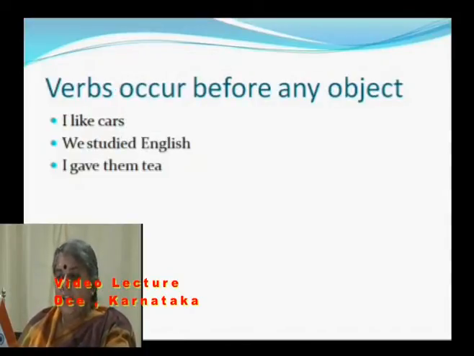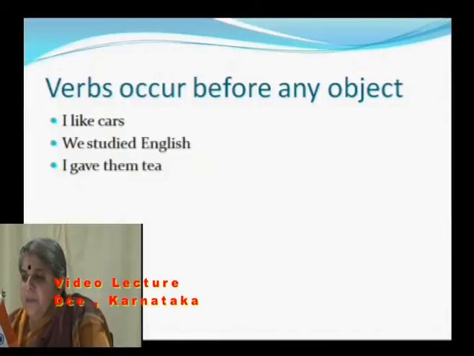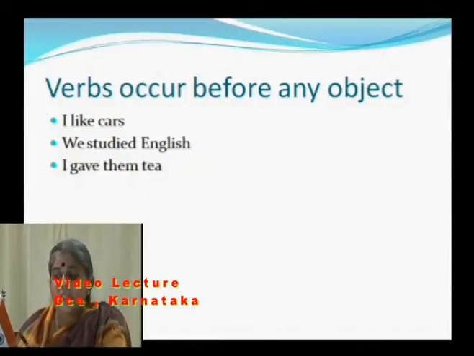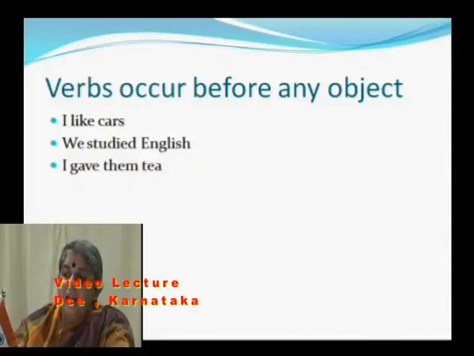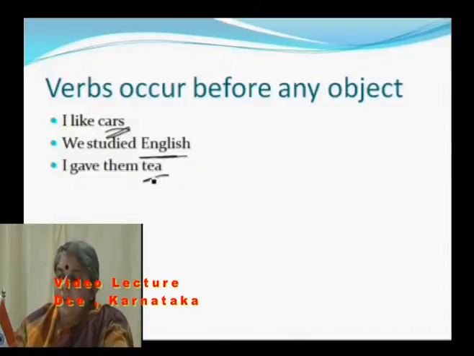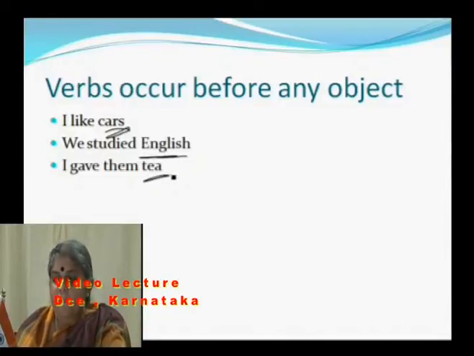The second one is verbs occur before any object. First, let us identify the object in the sentence. I like cars. You're right, car is an object. We studied English. English is an object. I gave them tea. Tea is an object. Right?